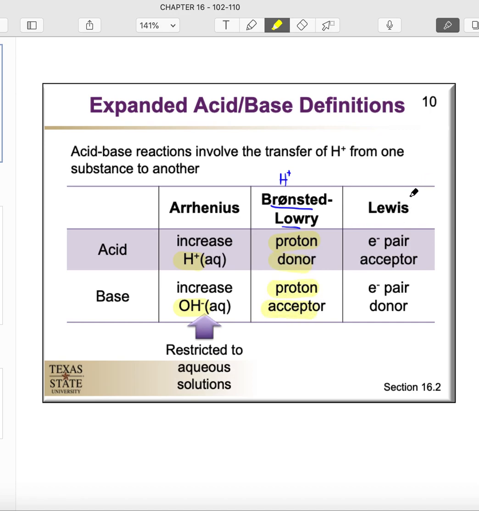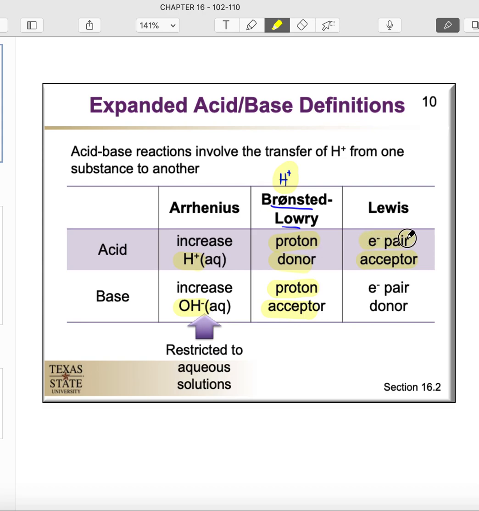And now we're moving back to the Lewis acids and bases. Notice that a Lewis acid or base has to do with the electrons as opposed to protons. Remember that protons were the hydrogen ions. Here we're talking about electrons. And notice that a Lewis acid is going to be an electron pair acceptor, which is the opposite from the Bronsted-Lowry definition.